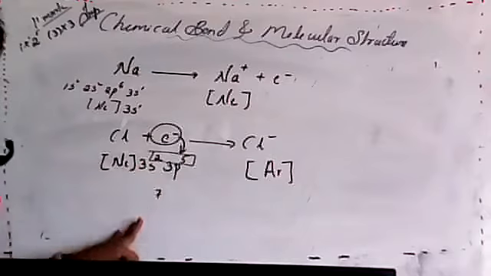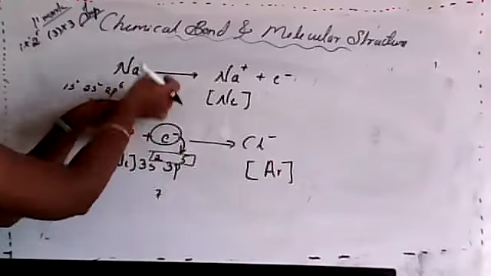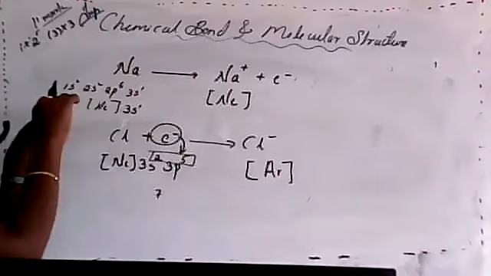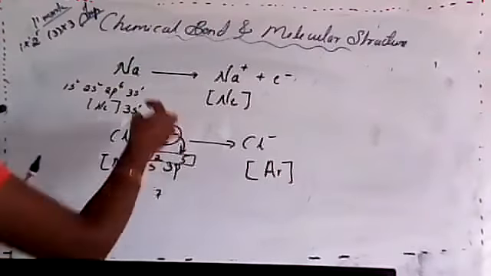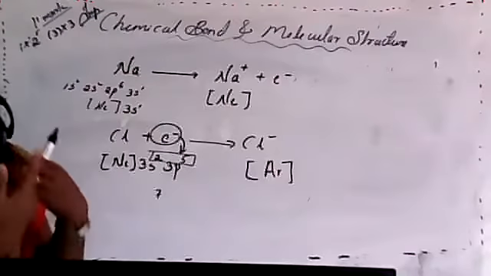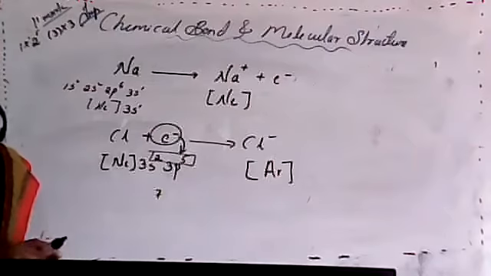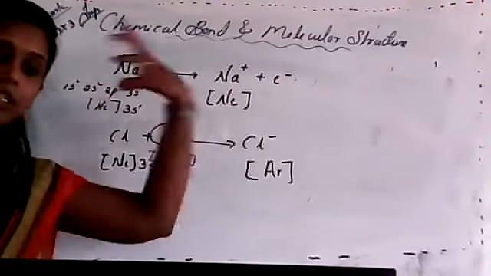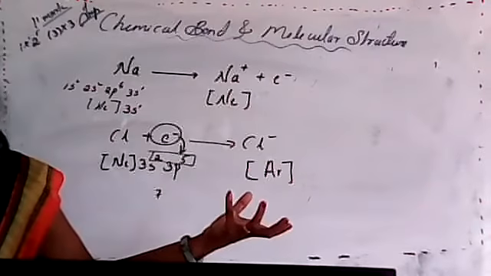Is this clear? So this is very interesting, isn't it? In this case also, if you want sodium to attain a stable electronic configuration, you have to add 7 electrons, or else you can remove only 1 electron. Addition of 7 electrons is more complicated, because there must be that amount of effective nuclear charge in the nucleus.